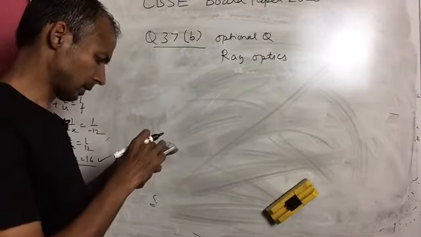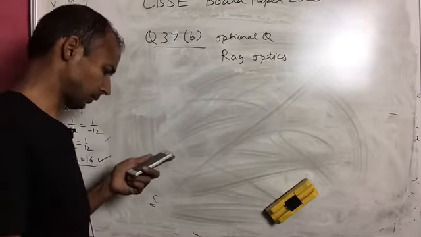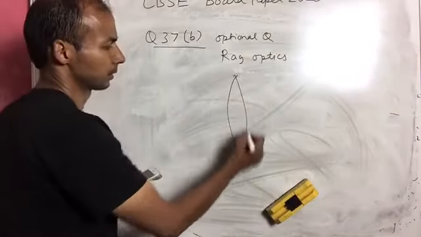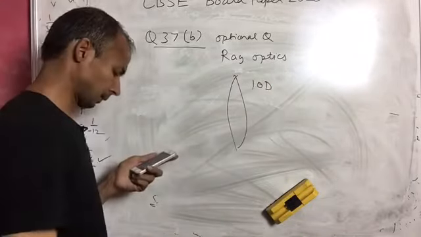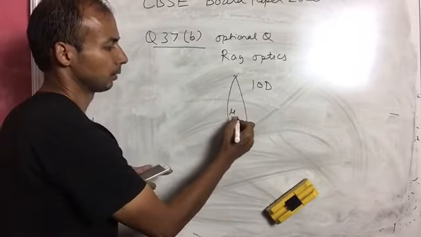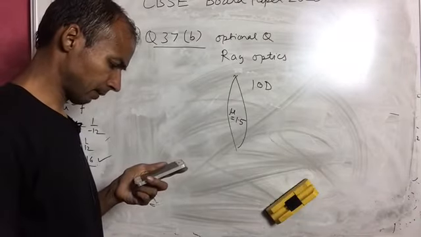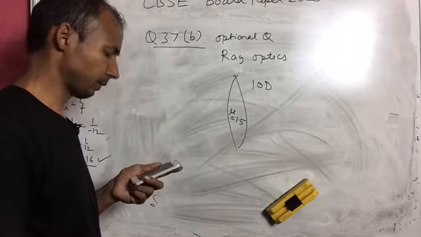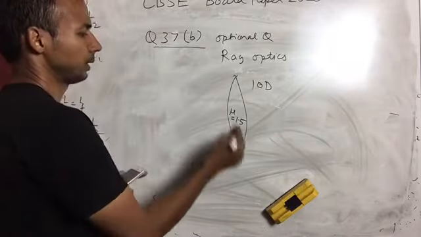A converging lens has a power of 10 diopter, and it has a refractive index 1.5. When it is completely immersed in a liquid, it behaves as a diverging lens of focal length 50.